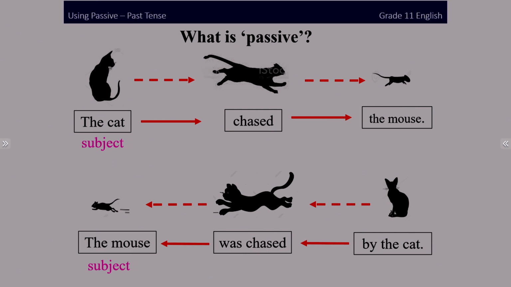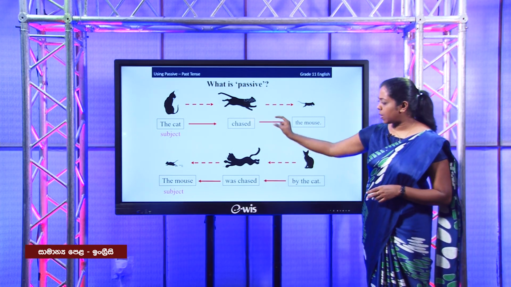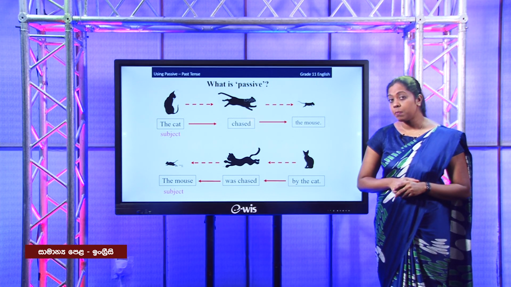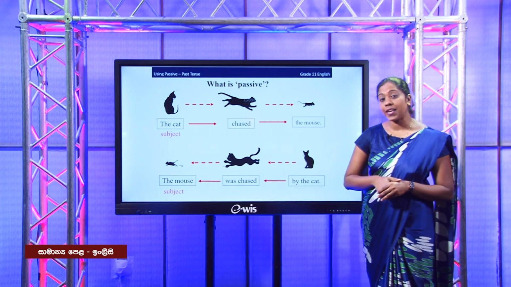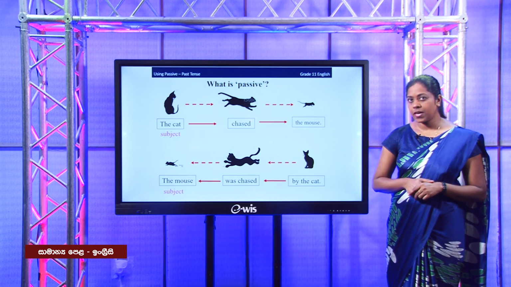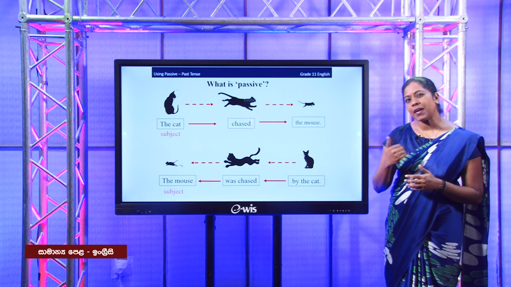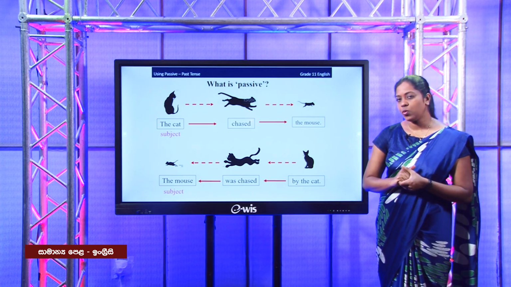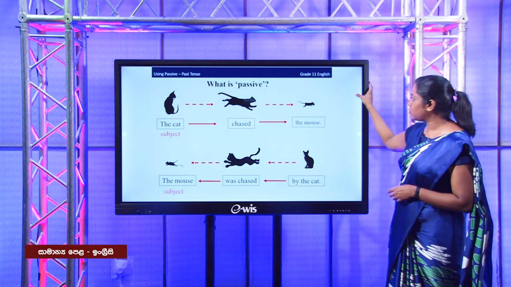Of course, with another word added to that. Observe all of these carefully. And then see what has actually happened to the verb. It is the same verb, okay, but not alone. We can see a helping verb added to the verb, right? Just look at it and take it as an image into your mind. I will explain how we can construct these sentences. Let's move on to the next slide.